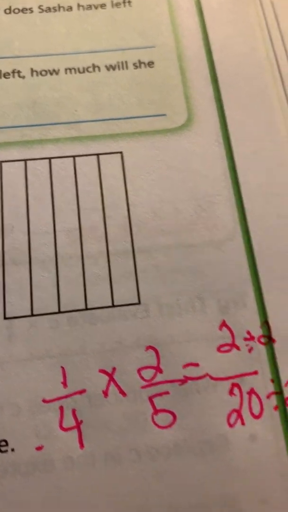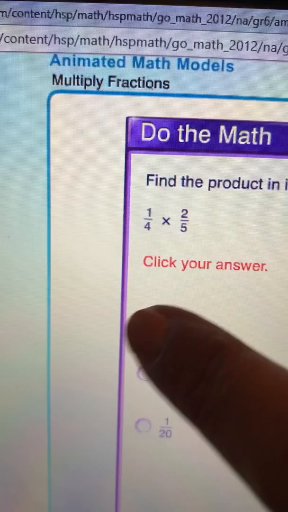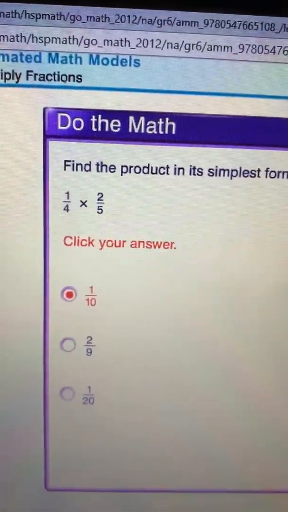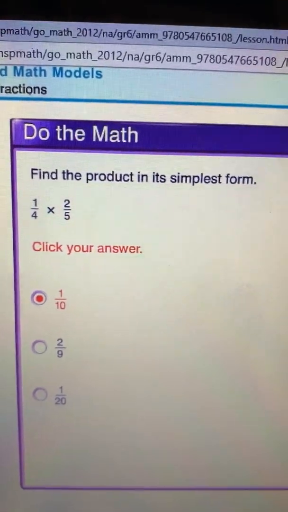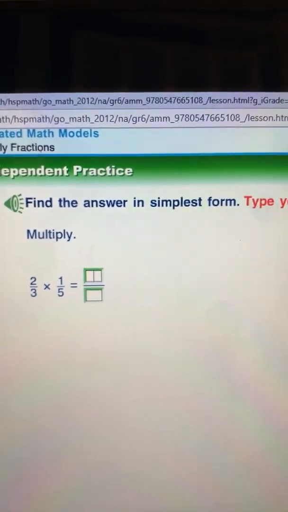And so your answer is going to be 1/10. And that is one of our choices here, 1/10. So I'm going to choose 1/10, and that should be the last of it. And done. Perfect. We got them all right.